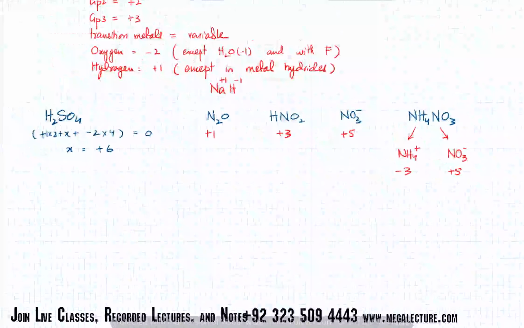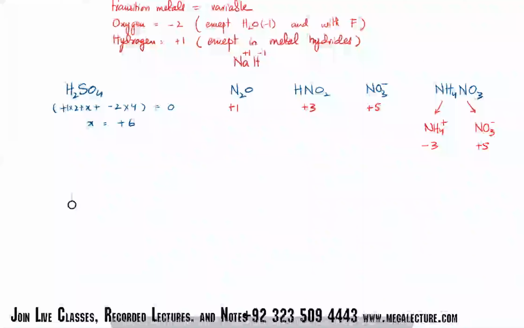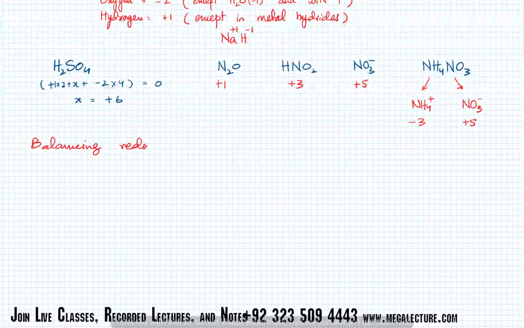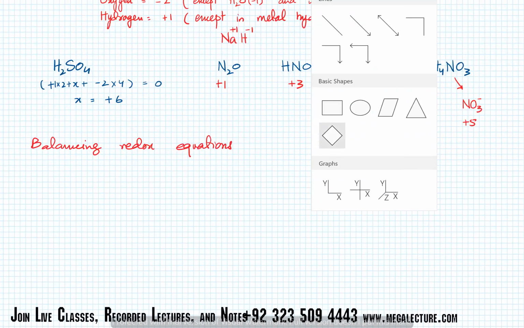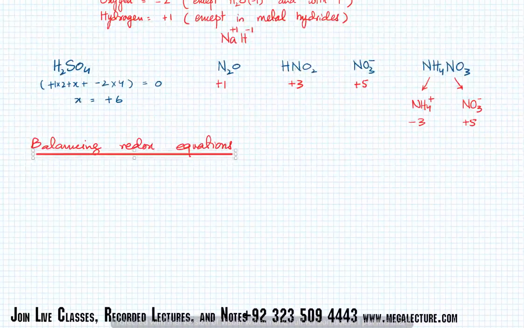So you know about oxidation states, right? So that's about oxidation states. What we need to do now is just practice the whole balancing redox stuff. So now balancing redox equations.